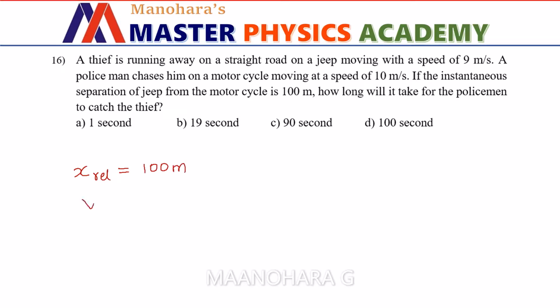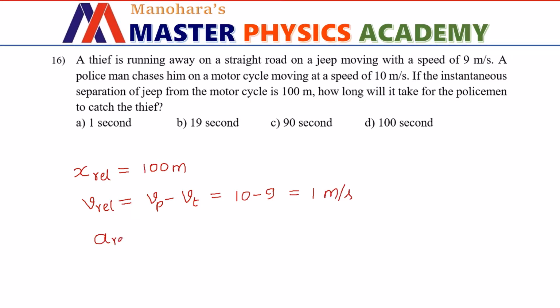The relative velocity of the policeman with respect to the thief is Vp minus Vt, that is equal to 10 minus 9, which is 1 meter per second. The relative acceleration between the policeman and the thief is 0 meter per second squared, since both of them are moving with constant velocity.